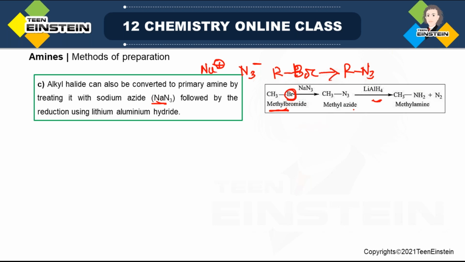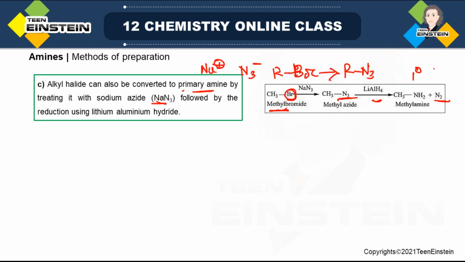So finally the fate of N3 will be NH2, and there are a total of 3 nitrogens, 2 nitrogens will be removed in the form of nitrogen gas. Final product methylamine. So in this process the final product you are getting is a 1 degree amine. So this is a method by which you can prepare primary amine, 1 degree amine.